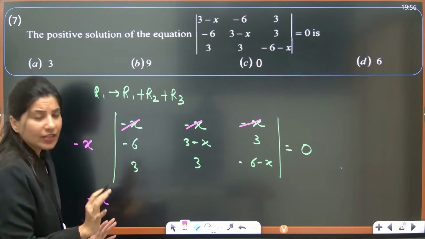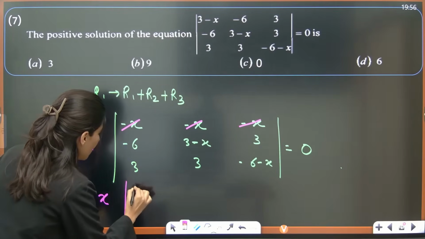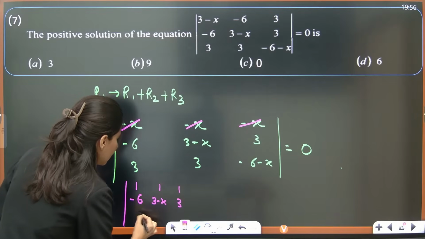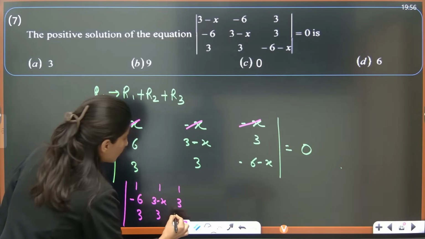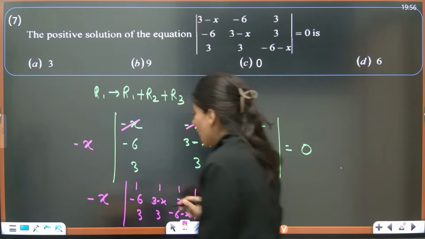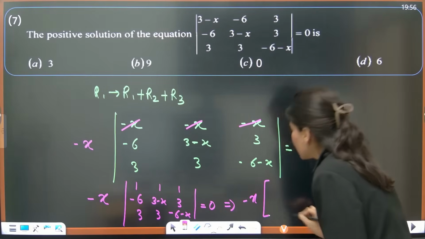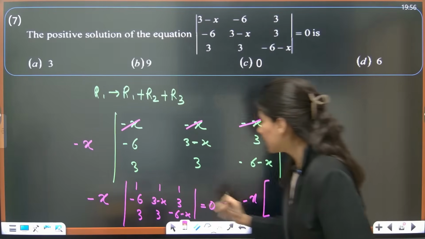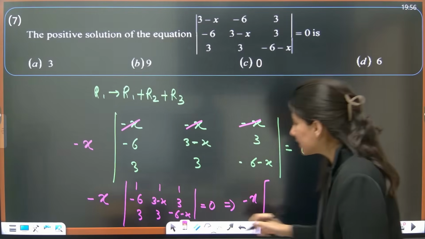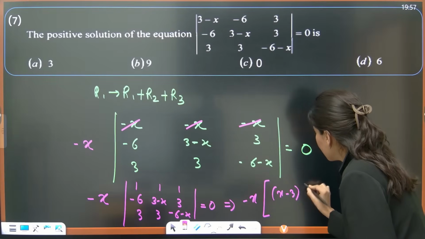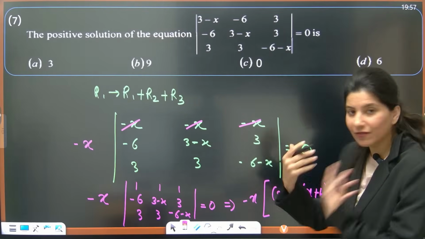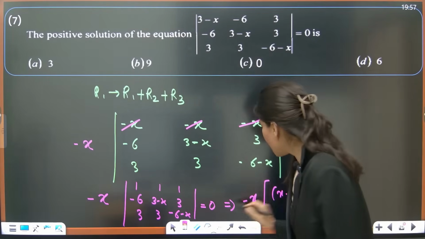And right away you can open it. So this is going to give you 1, 1, 1, minus 6, 3, minus 6, 3, 3, 3, and this is going to give you minus 6 equals 0. So if you open it now, minus x will be remaining outside and this is 1. Now multiply it. So this is going to give you x minus 3, x plus 6. Correct? x equals 0 is the one solution which we have clearly ignored, right? So minus x is gone.